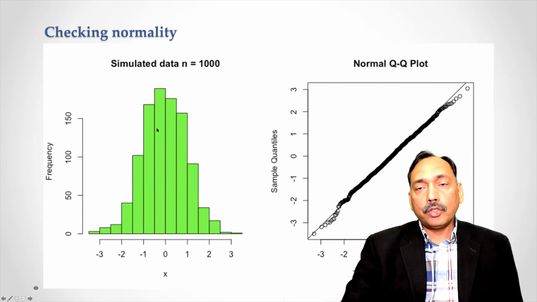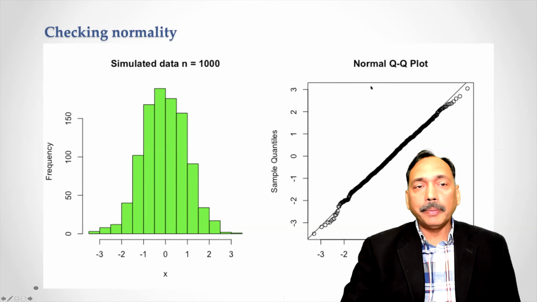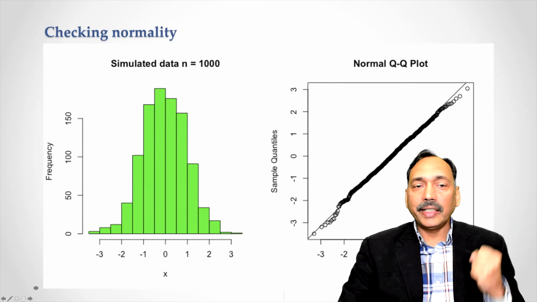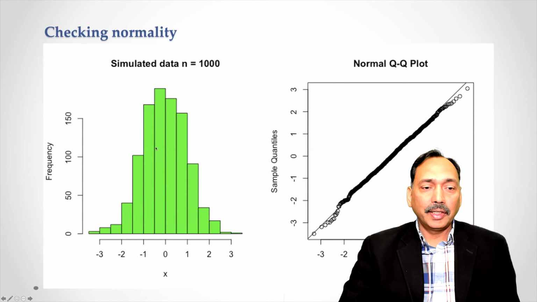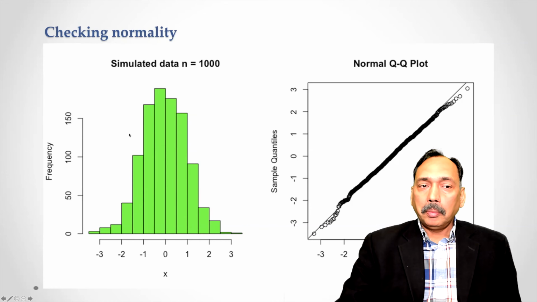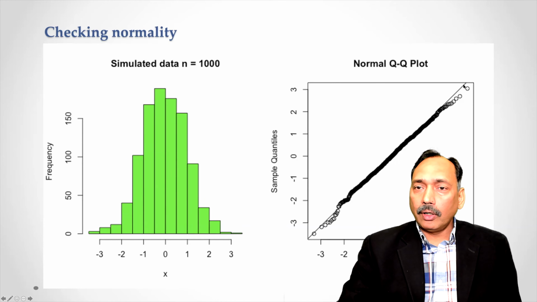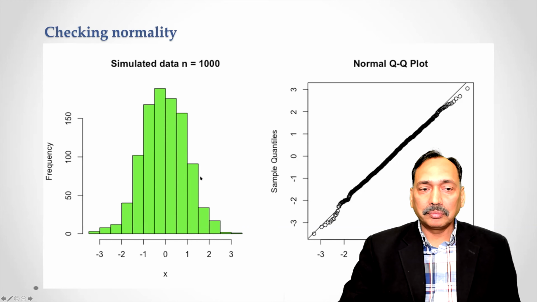Now these are histograms and QQ plot or normal probability plot side by side. When we have a sample of 1000 simulated from normal distribution, you can see the pattern is normal, but it can be more easily judged on the probability plot compared to the histogram.